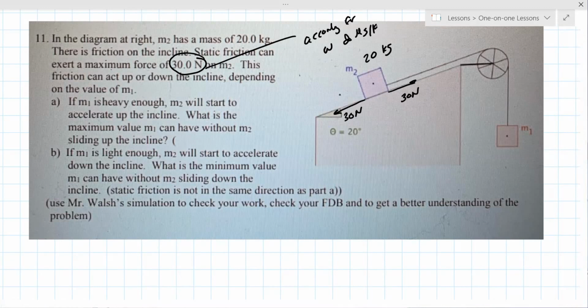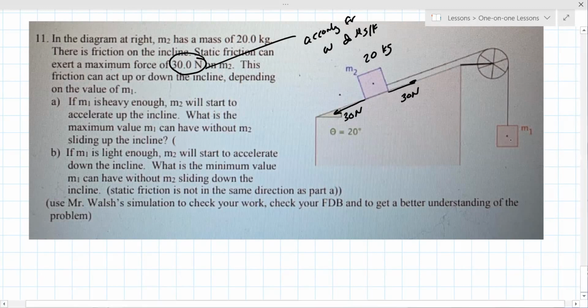It says if M1 is heavy enough, M2 will start to accelerate up the incline. And if it's not heavy enough, it'll accelerate down the incline. So we're trying to figure out what that break even point is, essentially. Is that okay? It's still foggy for me.